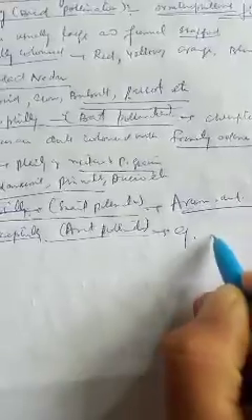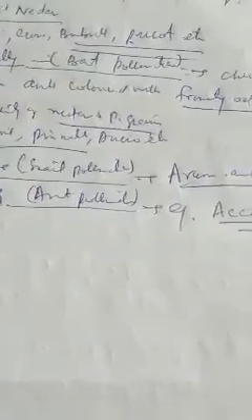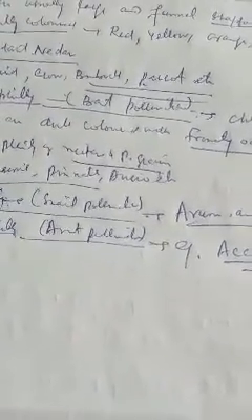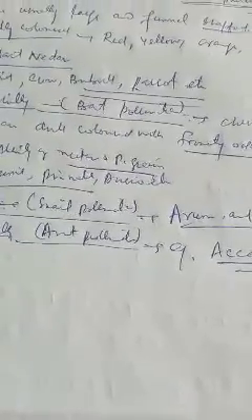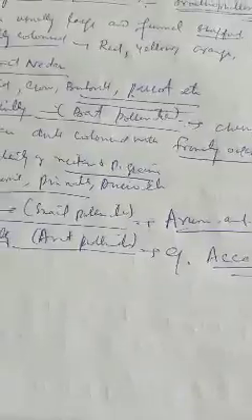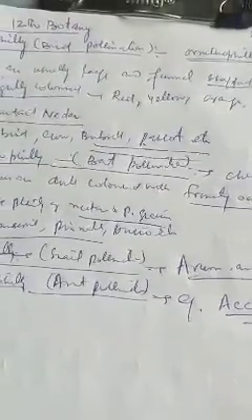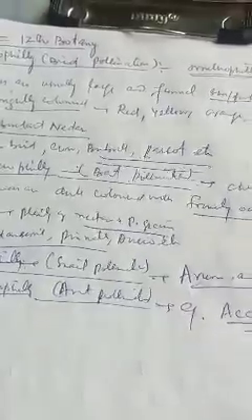One important example is acacia. Acacia is the example in which pollination takes place by the agency of ants, and the ants take part in the transfer of pollen grains from anther to the stigma, or from male flower to the female flower, from male plant to the female plant.